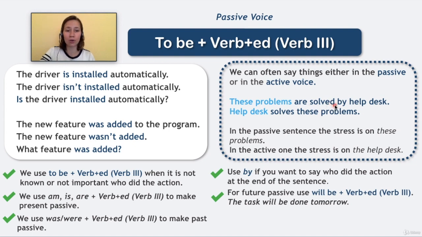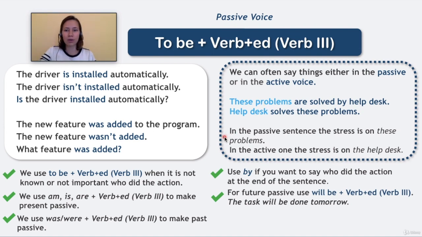But if you think that it's important to say by whom, then you say by and then who did the action, by help desk. So these sentences are actually telling the same thing, but in two variants.